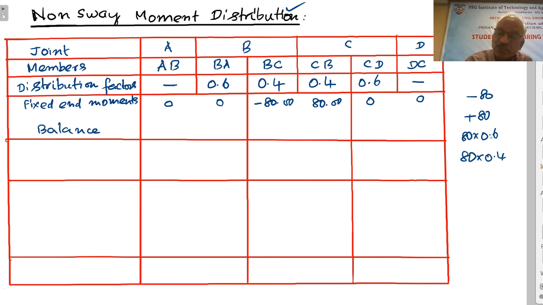So 80 into 0.6 equal to 48. So this is 48.00 and 80 into 0.4 equal to 32. Now when these values are added, on the left hand side we will have plus 48, on the right hand side we will have minus 48. So that is balanced.